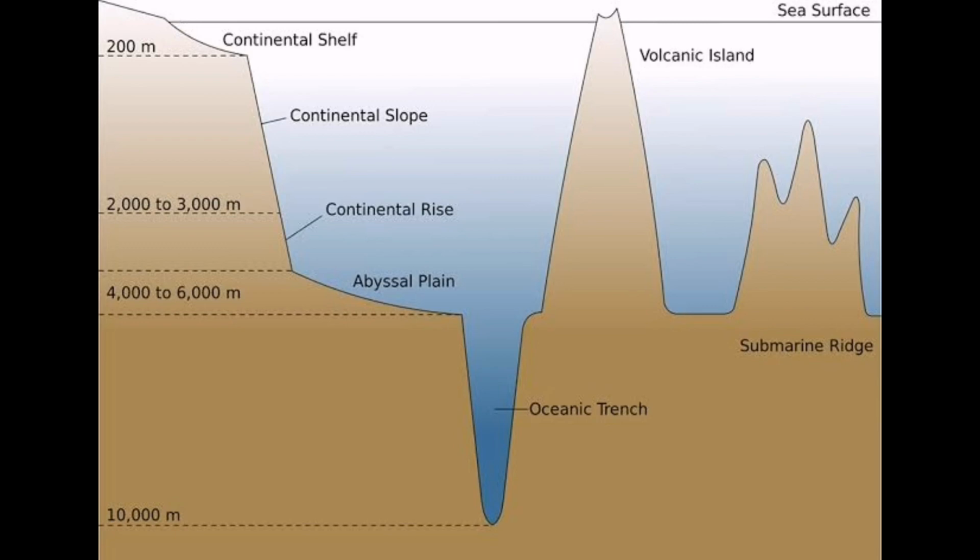The abyssal plain consists of various submerged landforms like hills, plateaus, etc. So this is the part where various landforms can be seen below the ocean. So what do you understand by abyssal plain? It is beyond the continental slope, the flat part of the seabed.